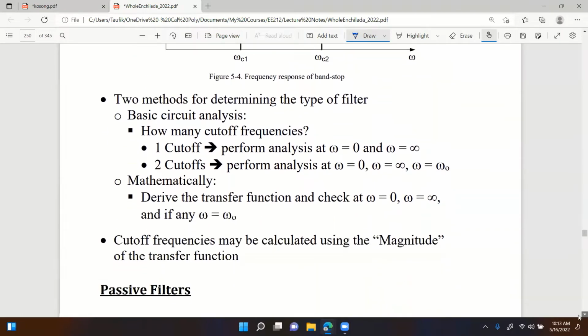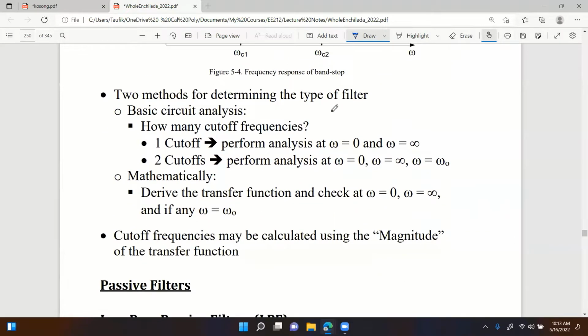And then we also talked about two different ways of determining the type of filter from a circuit. Number one is by deriving the gain of the transfer function, and then doing a test depending on the number of cutoff frequencies. If there's only one cutoff frequency, then you perform the test at omega equals 0 and omega equals infinity.